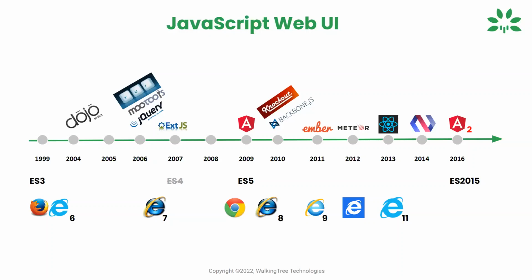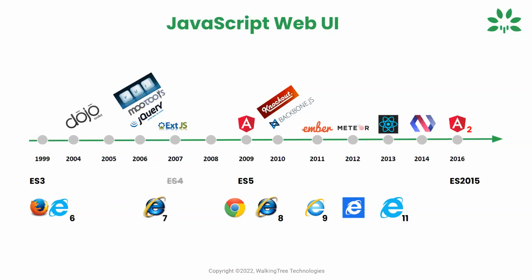Later, solving the data package problems and all, open source frameworks or libraries like Knockout, Backbone JS, Ember, Meteor became popular.